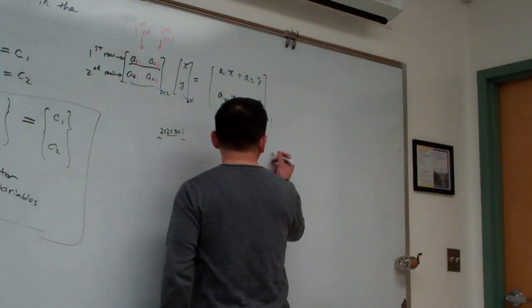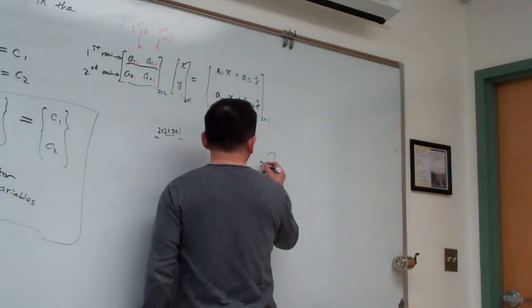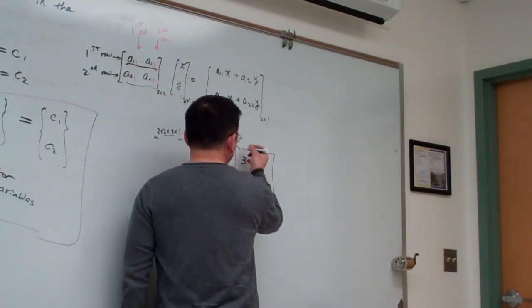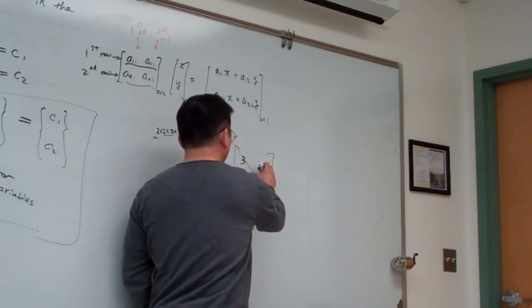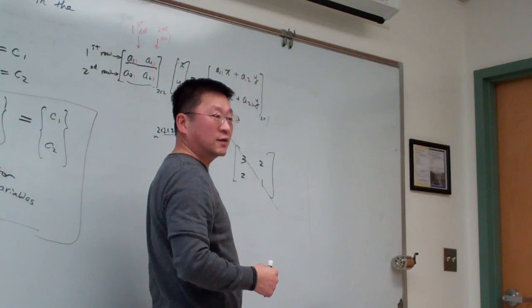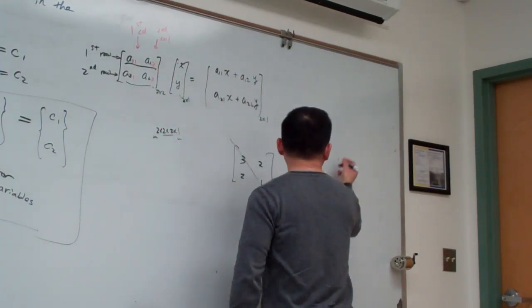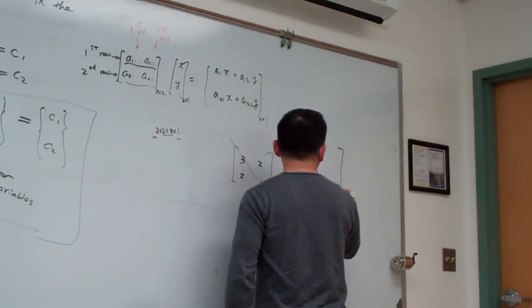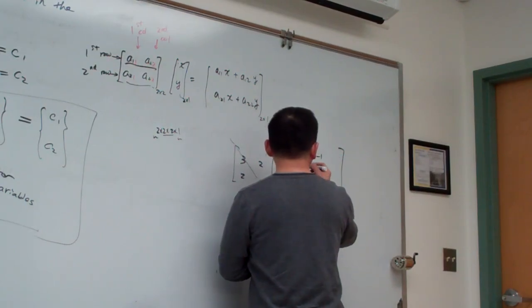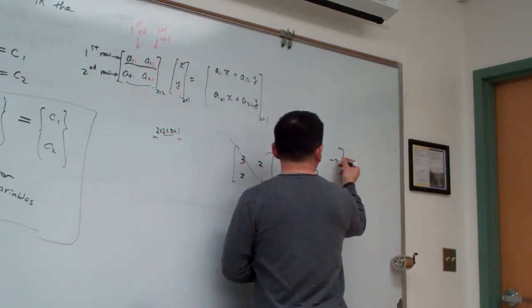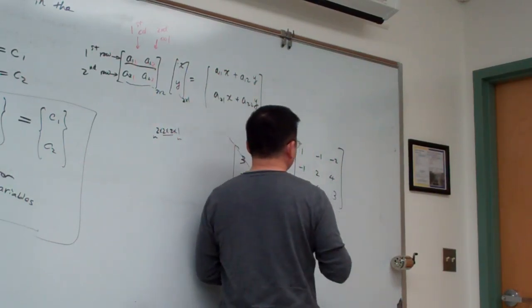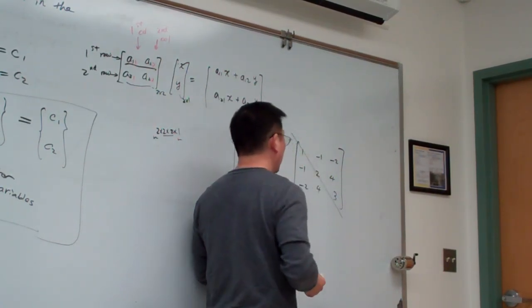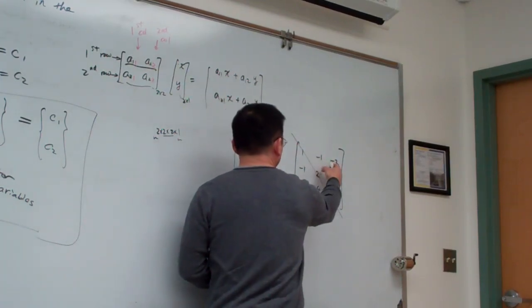So, for example, 3, 1, 2, 2. Symmetric means if we use the diagonal, then those numbers are the same. Let me use a 3 by 3. So, for example, 1, 2, 3. Here is -1, then -1, and -2, -2, and this is 4, this is 4. You can see if I use the diagonal, the elements are the same.